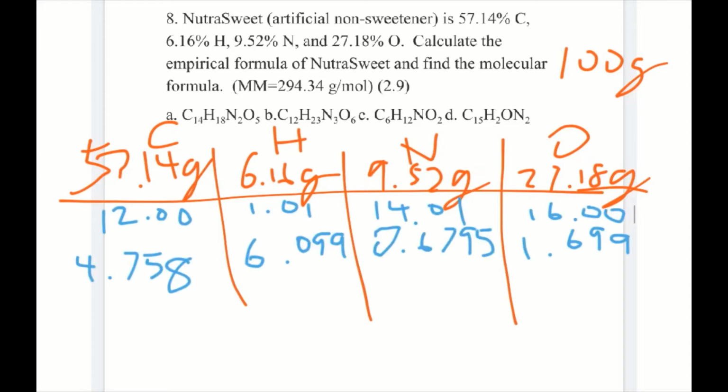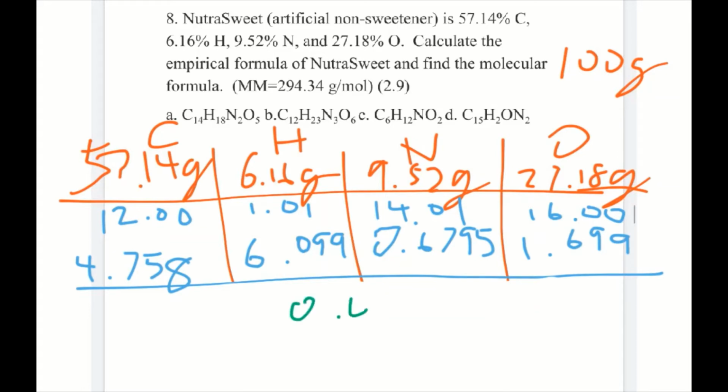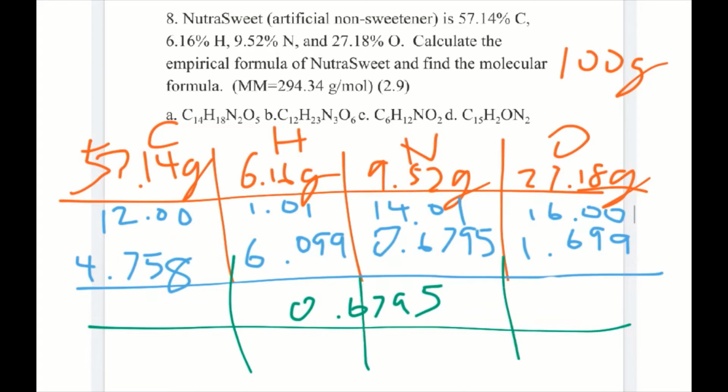So here are the moles of each element, and now I'm going to divide by the smallest of them. The smallest of them is, I think, 0.6795. So let me do that, and I'll show you the results. These are the results, and notice how I rounded them.